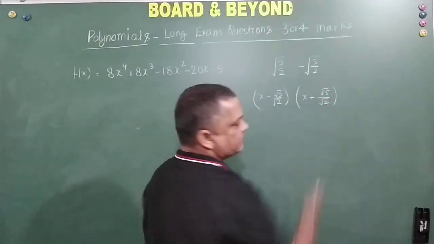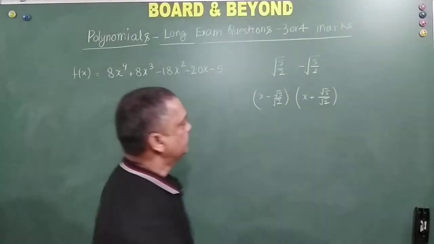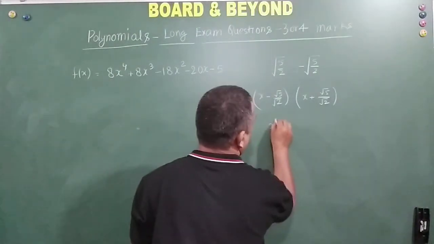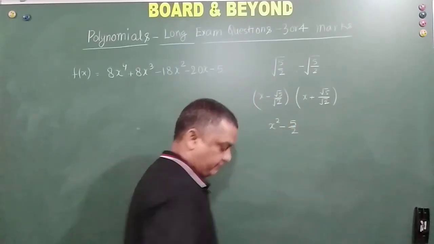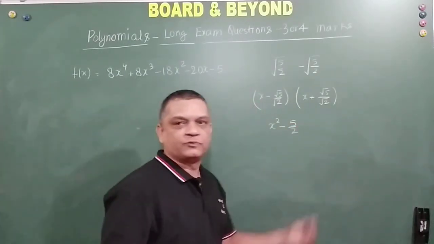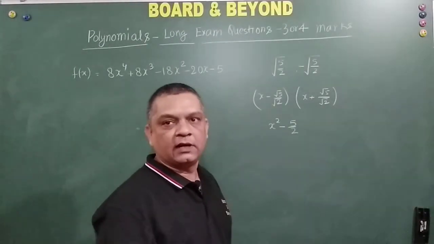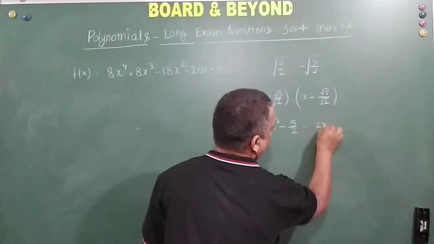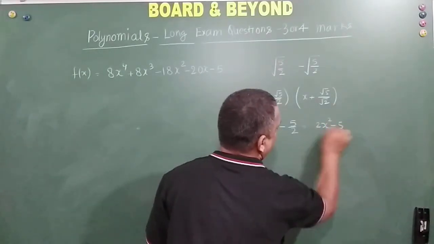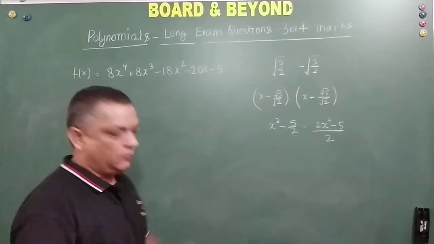So the product of this is a plus b into a minus b, which is equal to a square minus b square. Okay, so x square minus 5 by 2. I am skipping one by one step, so no problem. I hope you will be able to understand if you have listened to the earlier lectures of polynomial, right? So which is equal to 2x square minus 5 by 2 is one of the factors.